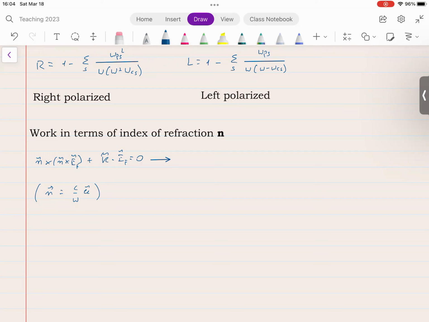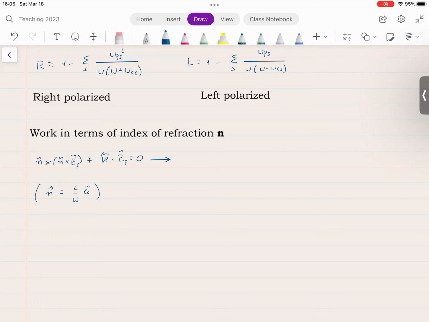We can at least simplify things a little by picking the direction of our axes. We said that the z-axis is aligned with the magnetic field.